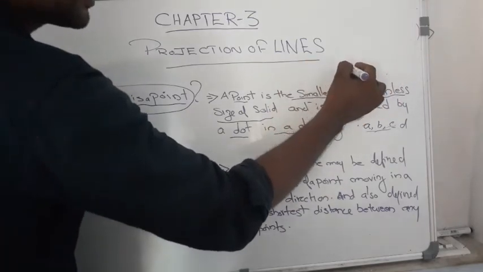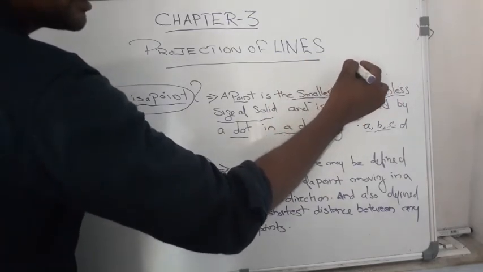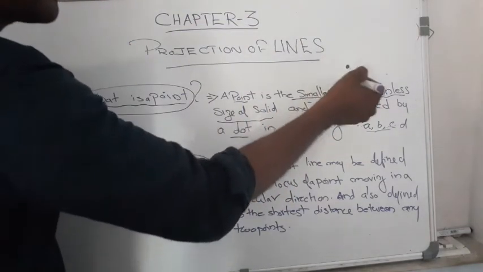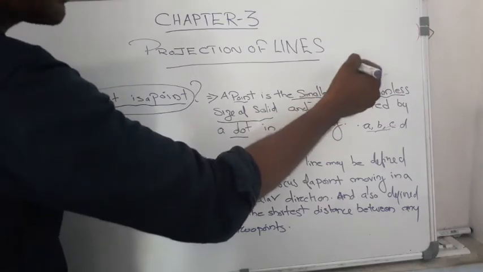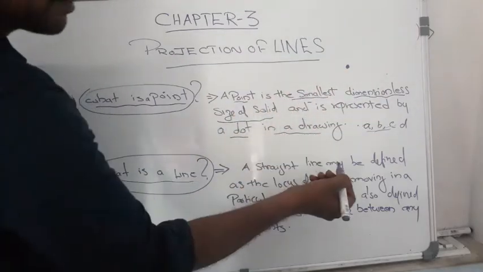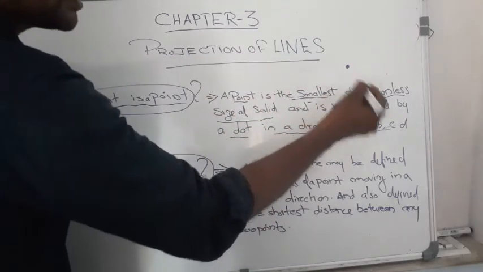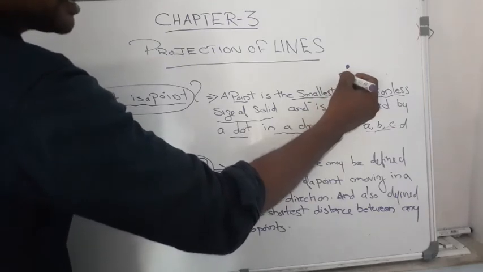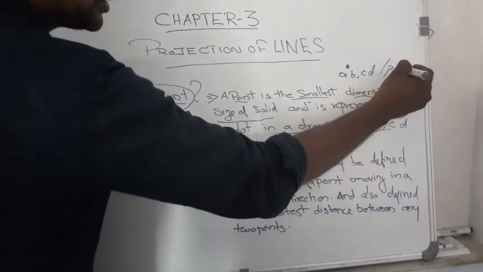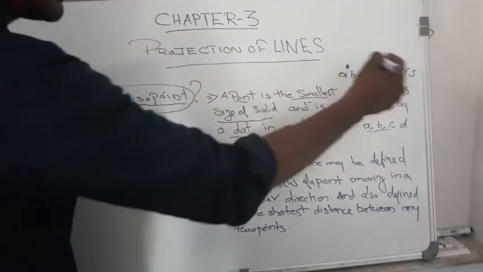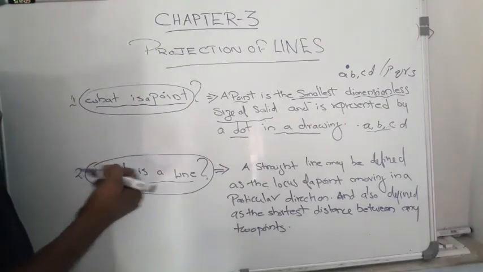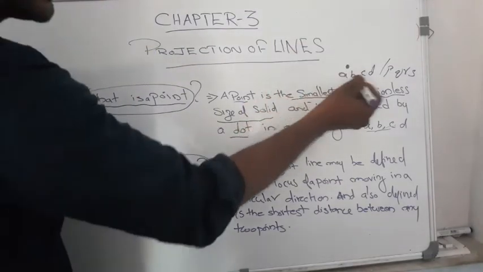Suppose this is the point. In projection drawing, we can represent it by that point. It is a dimensionless object, represented by an alphabet. Commonly used alphabets are A, B, C, D or P, Q, R, S. These are some alphabets used to represent the dimensionless object.